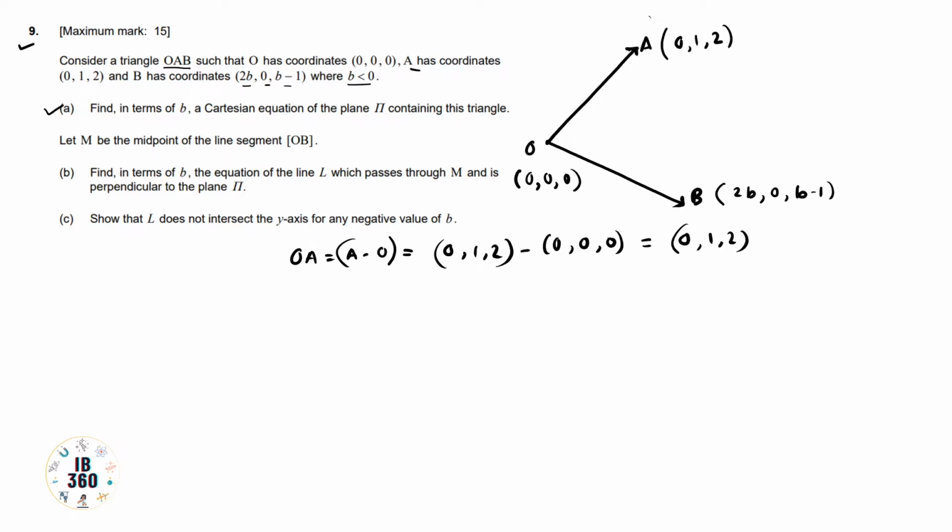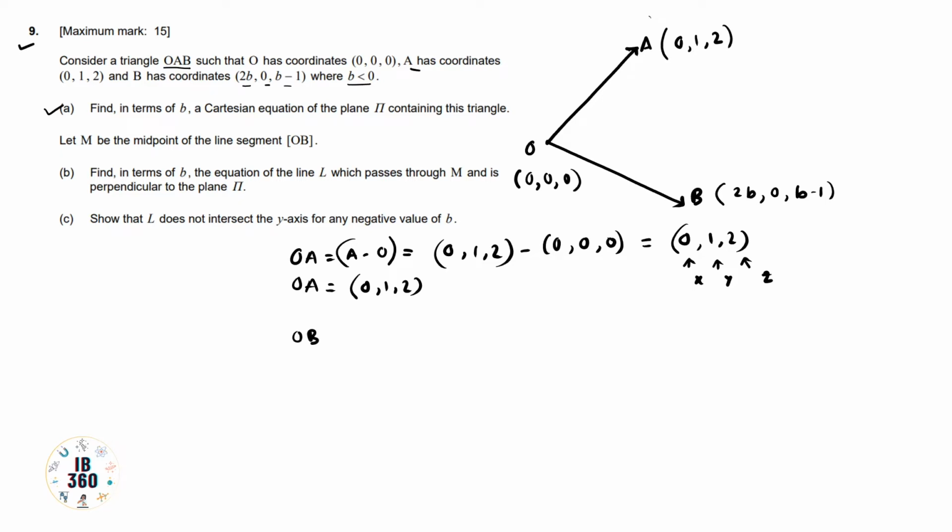Remember, OA is equal to (0, 1, 2), and this will be the coordinate for x, this for y, and this for z. For all terms in 3D geometry, the configuration is x comma y comma z, so please keep this in mind.